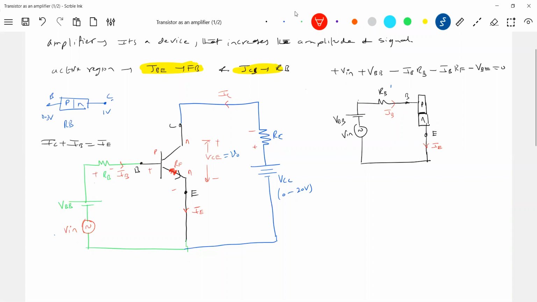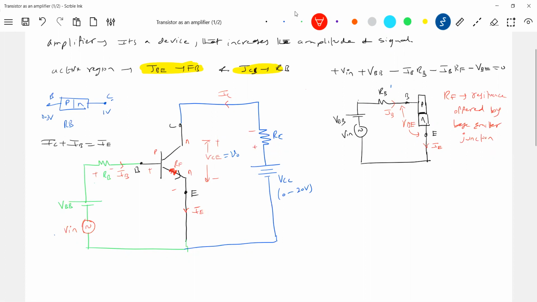Forward resistance offered by the base emitter junction. This is RF here. So is it justified bringing this one? And what is VB? This potential drop. Barrier potential 0.7 volt.